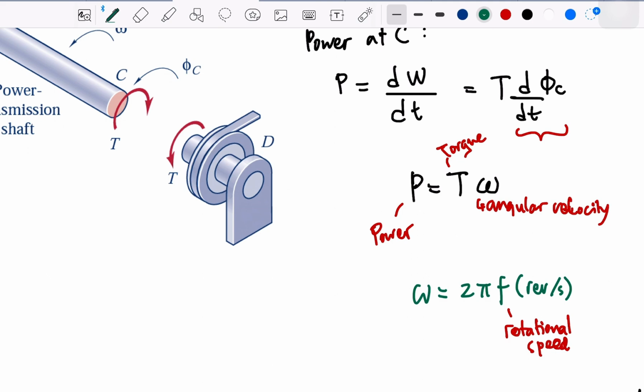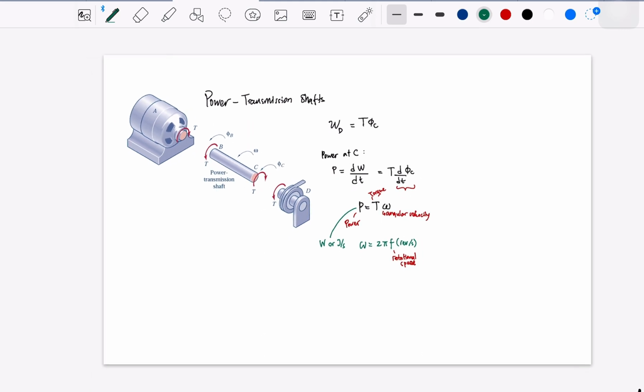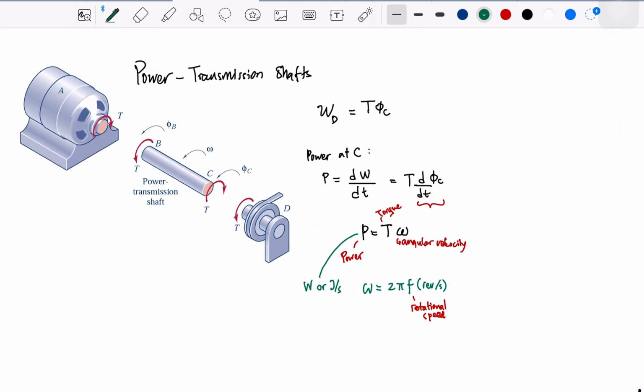So power is now in watts, or joule per second. Okay, just that additional small section on power.